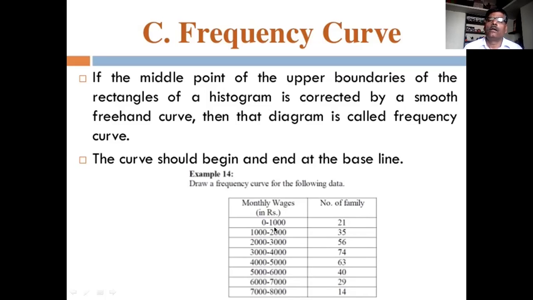The workers who are having 0 to 1,000 rupee wage, 1,000 to 2,000, 2,000 to 3,000, 3,000 to 4,000, 4,000 to 5,000, like that. This is the wage, and the number of families coming under each class is given for you, and they ask to draw the curve.